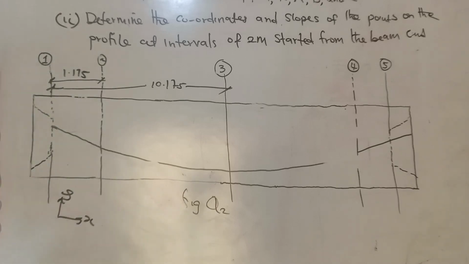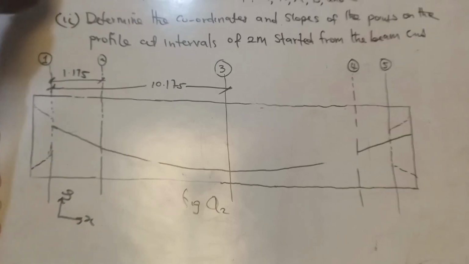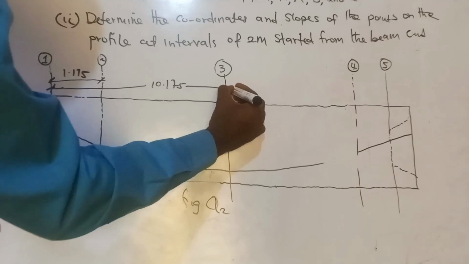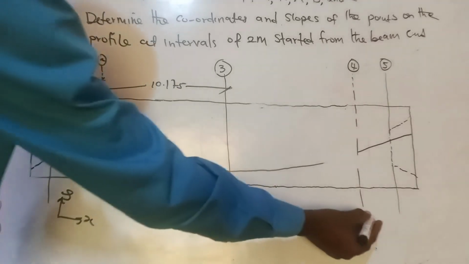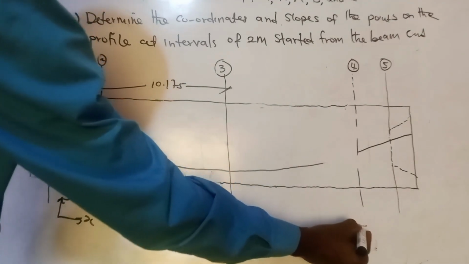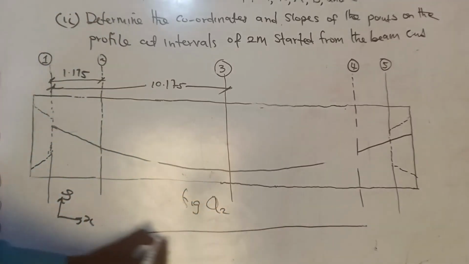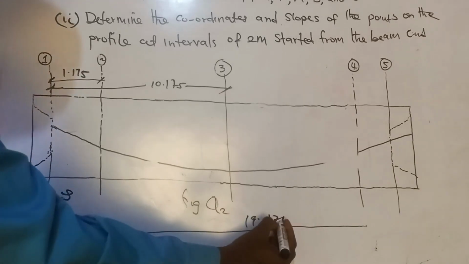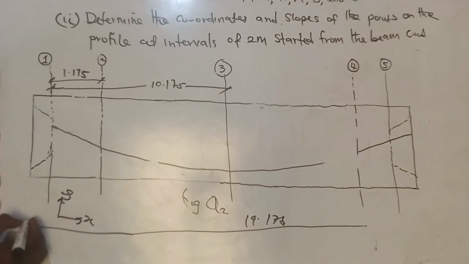The next points are the middle points. So we have point 3 to 4, which is 19.175, measured from the ending here.